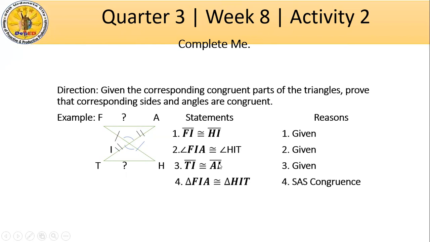Now, to determine what to prove, look at the one with the question mark. In here, the parts with the question mark are line segment FA and line segment TH. So FA is congruent to HT by CPCTC, corresponding parts of congruent triangles are congruent. I hope you could do the same in your module.